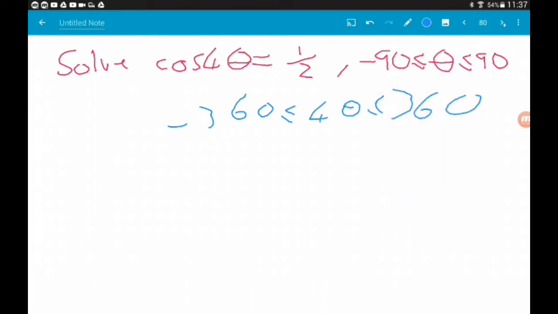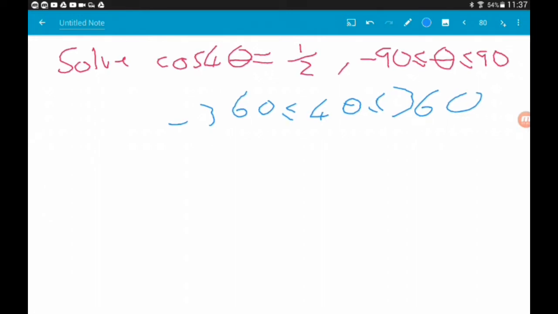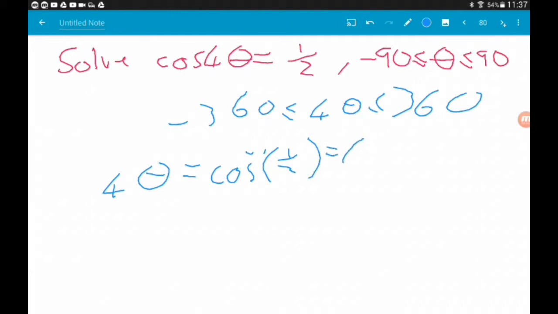So if we inverse cos of 1/2, we would get our first value for 4 theta, which is 60 degrees.